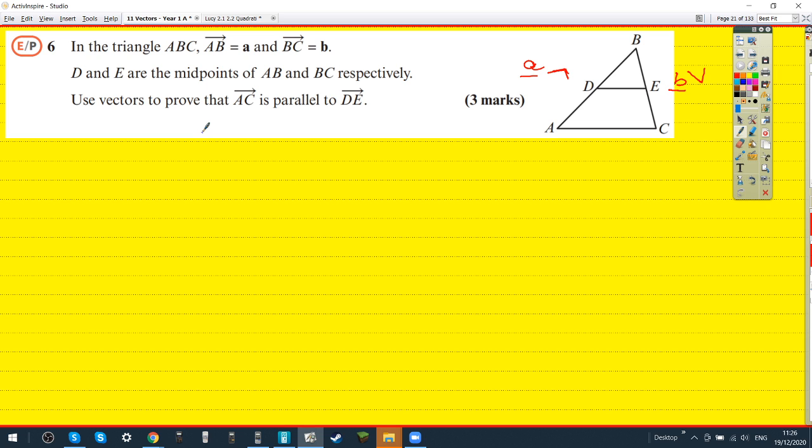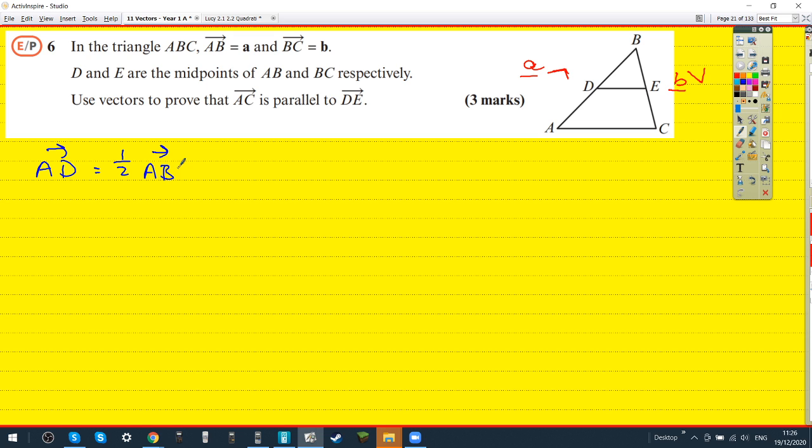So could you say A to D is half of A to B? Yeah, so A to D is half of AB. And these ones are like simpler vectors, so you'll get away with just going straight into it, I think.